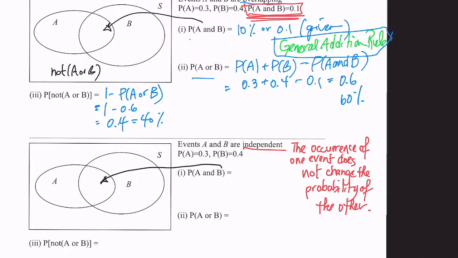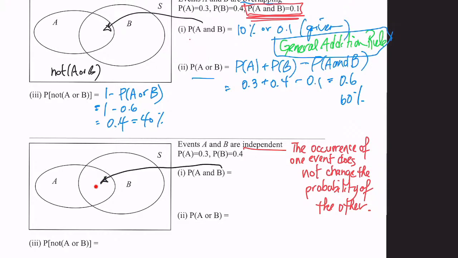But let's say B happens. So let's say we know we're in B. For A and B to be independent, it means that the chance of A within this subsection doesn't change. The chance of A is still 30%.